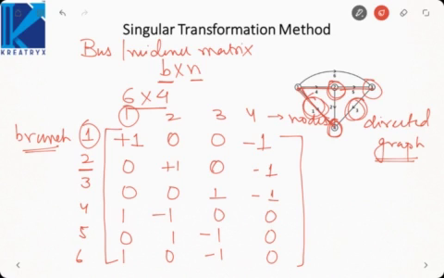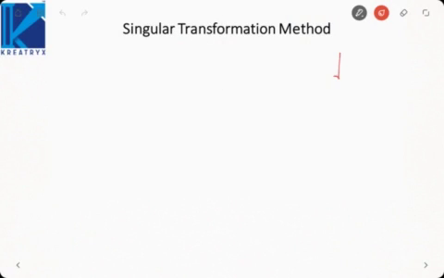Remember this matrix and how to form it. If any branch is going outwards, it is taken as plus 1, incoming is minus 1, and not connected is 0. Now any element, when we want to do the nodal analysis, can be represented like this.